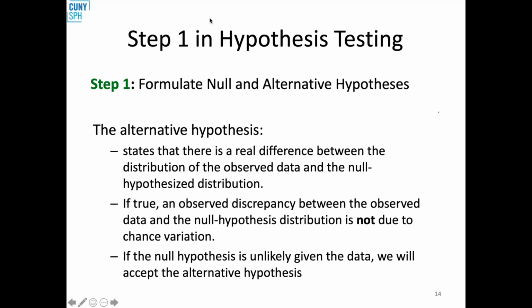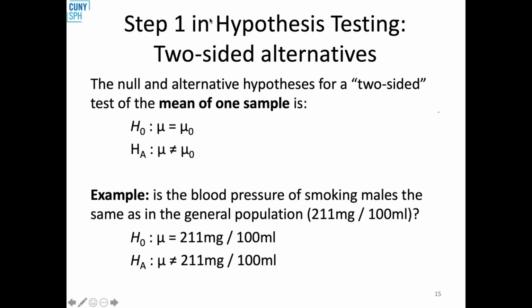We want to then collect enough evidence and statistics to say with a certain level of certainty that the null hypothesis is false, and instead the alternative hypothesis is true. So in each case, we set up a null hypothesis and an alternative hypothesis. So let's take a look at this case.